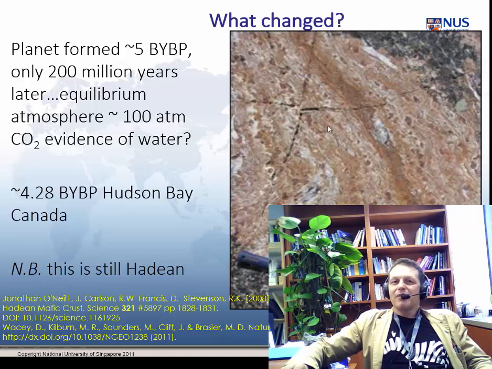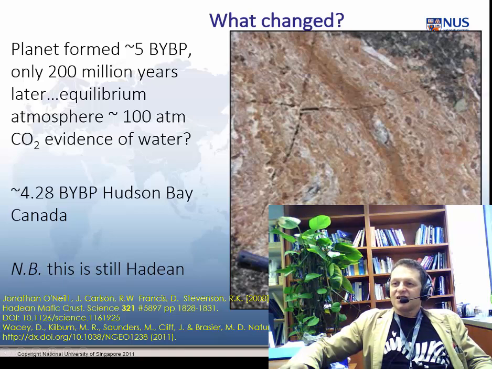It's what's called a mafic rock, and you can see there are all sorts of inclusions in there. The fact that this is mafic means that you've got water on the surface. This sort of rock needs water to form.